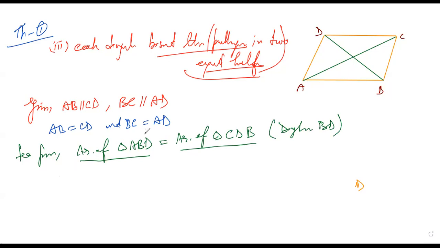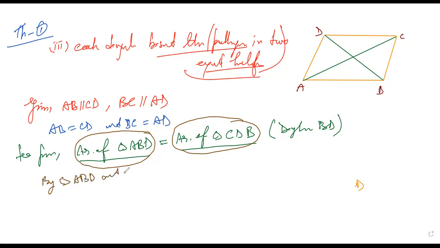Now let's see how to prove this one. If we want to make the areas equal, again, we just have to do the congruence. We have to show these two triangles congruent. If we are able to do that, then it will be very easy. So we go for triangle ABD and triangle CDB.